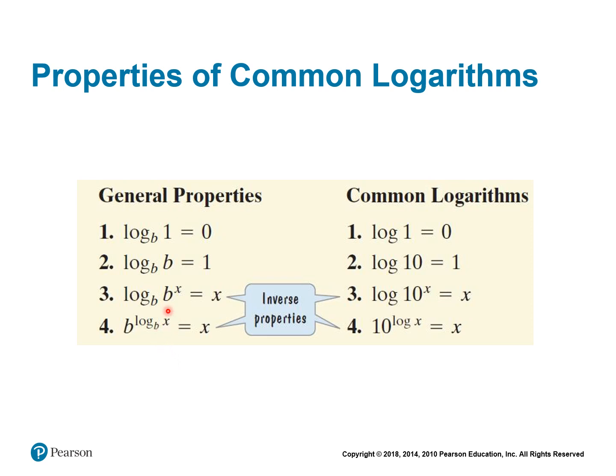As long as the base of the exponent as well as that of the logarithm are the same, the resulting answer will be whatever we have next to log base b in the exponent, which is x.